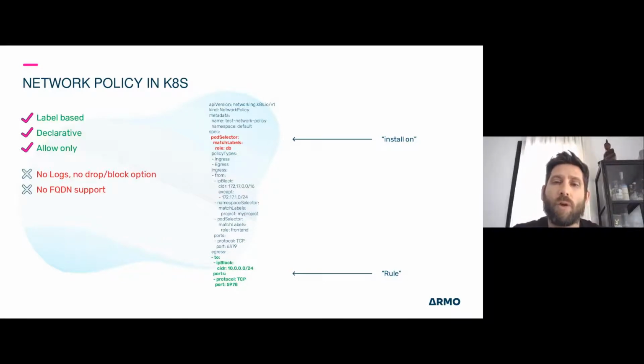As I mentioned at the beginning, the firewall created my perimeter definition. Here, the pod selection is creating my perimeter definition. So it says where I need to install this policy. And then I have a set of rules. Here I'm highlighting an egress rule saying that if these pods want to access this address range on this port, they can do it.